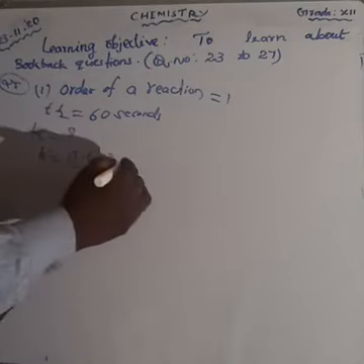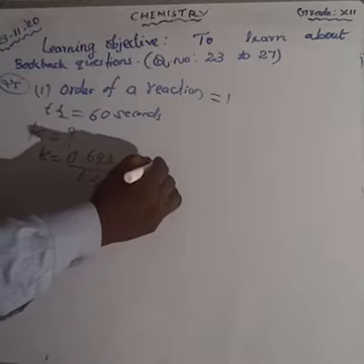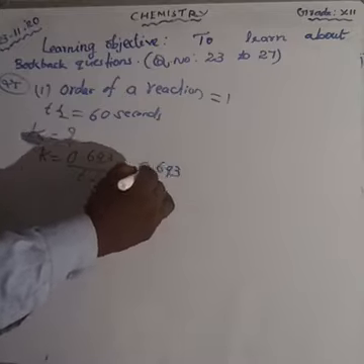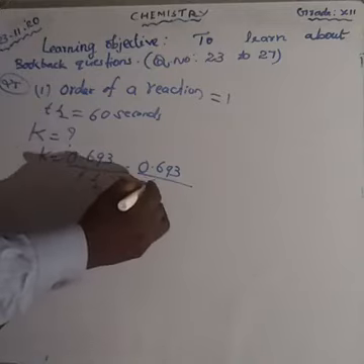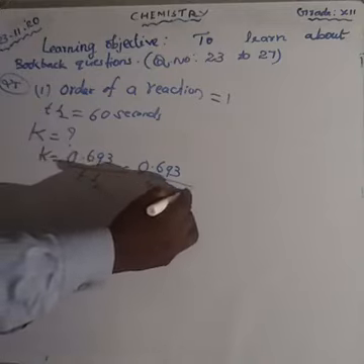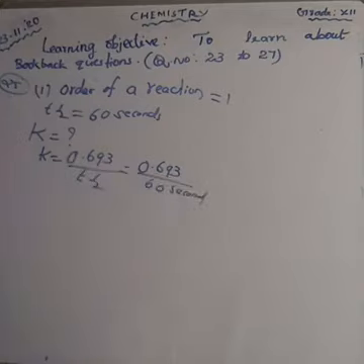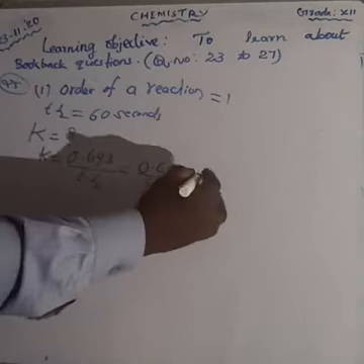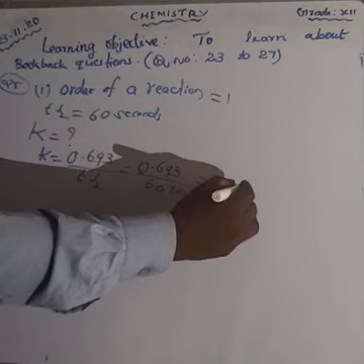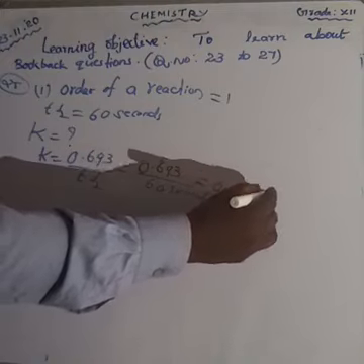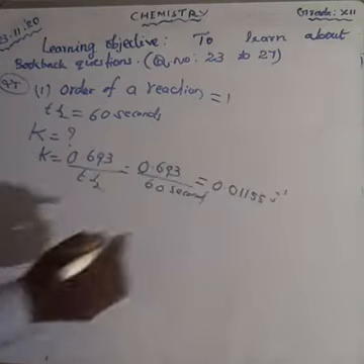Then we calculate 0.693 divided by the T half value, 60 seconds. So we get the value 0.01155 second inverse.